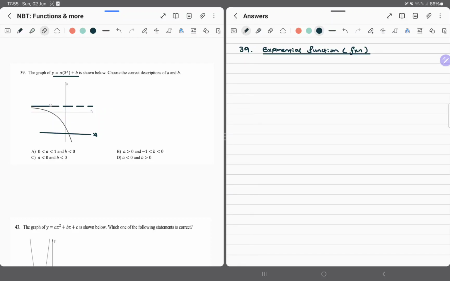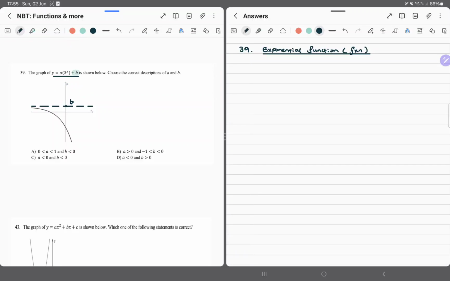So this is the best position to indicate this horizontal line. This is our asymptote, and in our exponential equation it is represented by the constant, which is the letter b here. So it means this is where it cuts the y-axis.